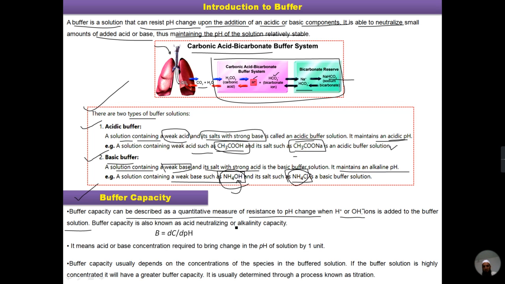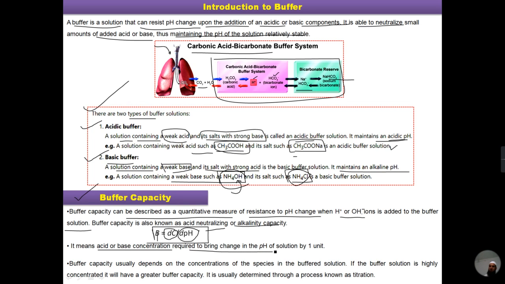It's also called as alkalinity capacity or neutralizing capacity. It can be defined by this term beta. This is basically beta, that is equal to dC, that's change in the concentration, divided by dpH, change in the pH. That means, it means acid or a base concentration required to bring a change in the pH by 1 unit.